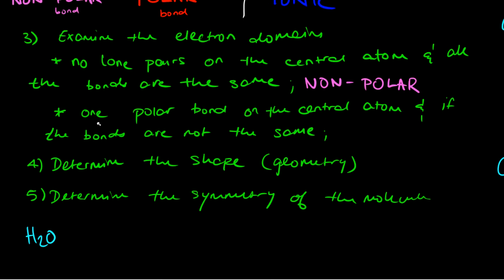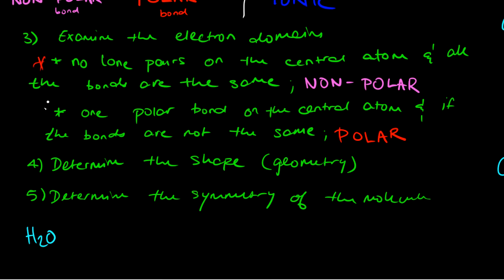If you have a molecule that has one or more polar bonds on the central atom, and if the other bonds are not the same, then it's polar. I mean, what else can it be? And these also are affected by the shape of the geometry, which is the fourth step. You have to determine the shape of the geometry. This is kind of a shortcut right here.